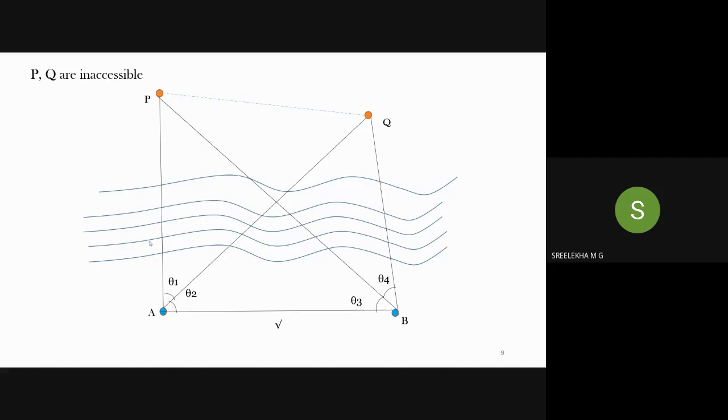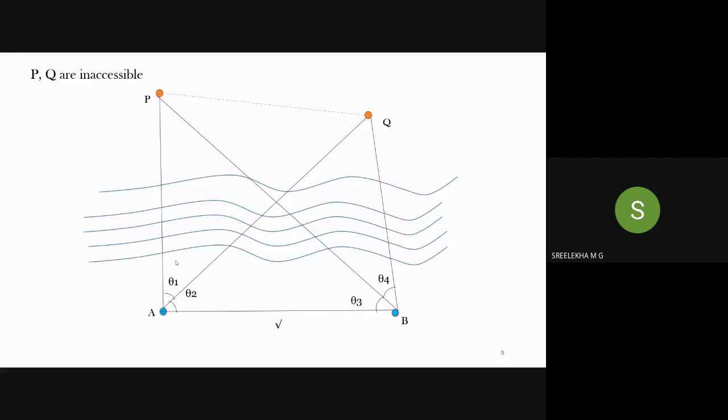We will be sighting, first of all, to the initial point P with the A vernier at 0 degree. Now you can assume your face is left face. Left face means your vertical circle is to the left.